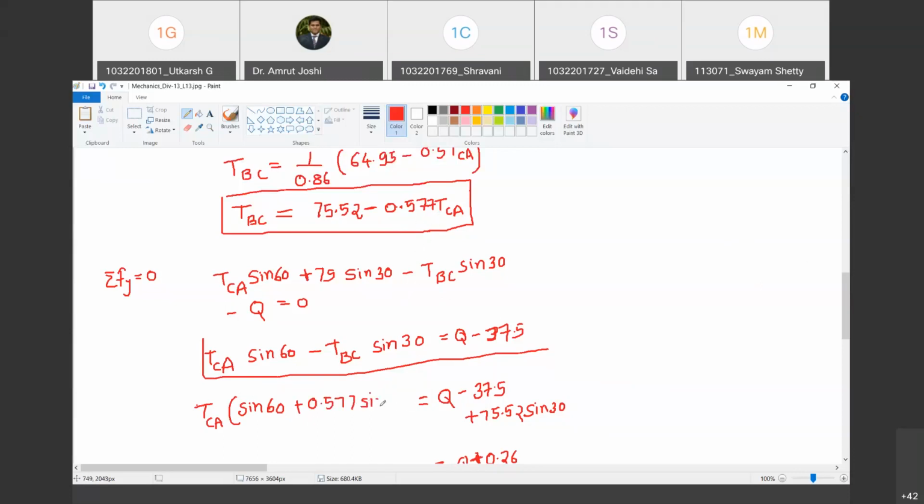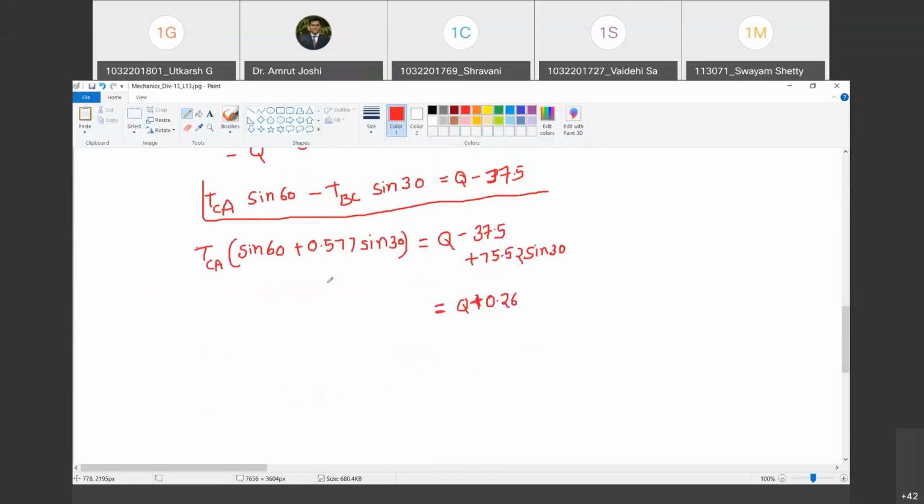I am just rearranging, nothing else. How much is that? It is 1.154 TCA.